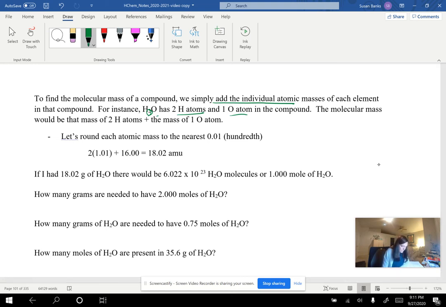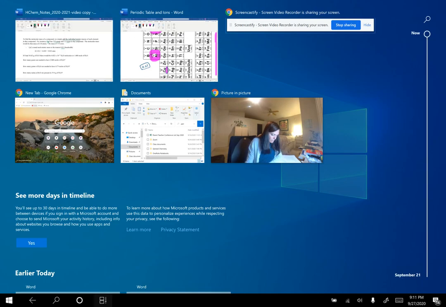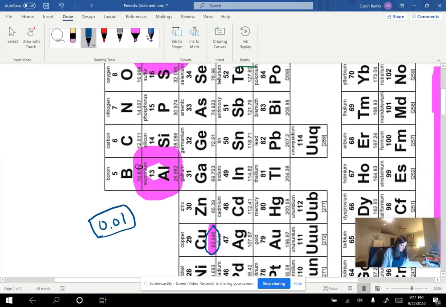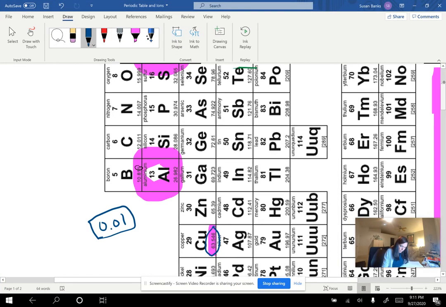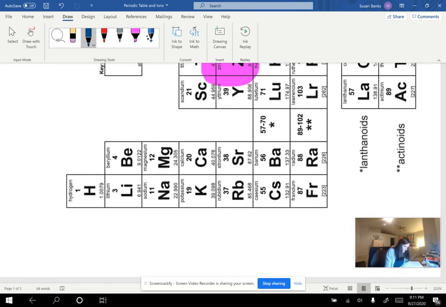So we're going to round each one to the 100th. Okay, so if I look at hydrogen, I've got 1.0079. So that's going to round to 1.01.